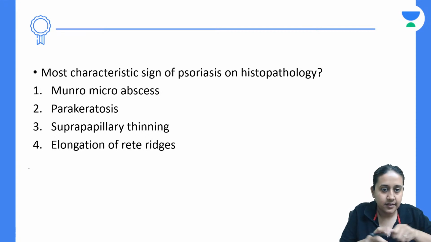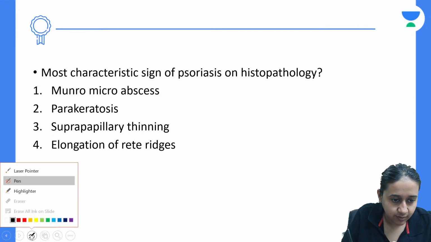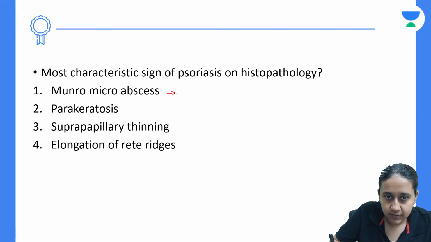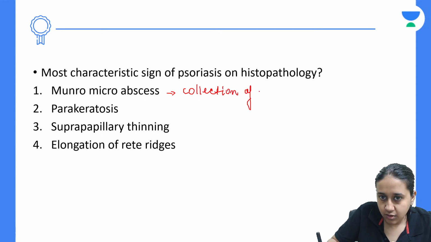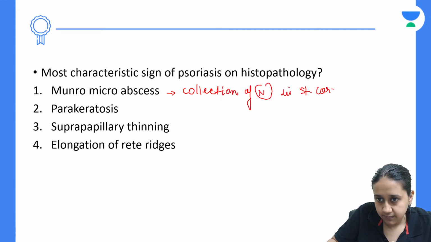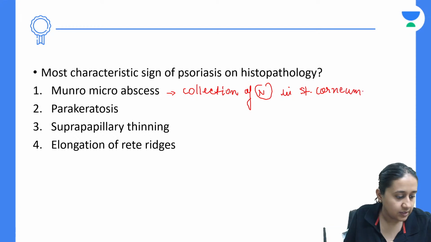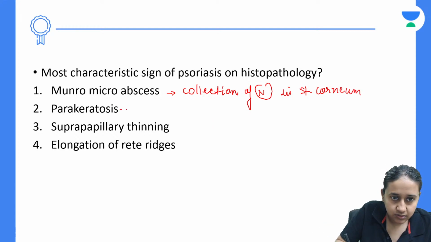Amazing. First of all, let me write what these things are. Munro microabscess: collection of neutrophils in the stratum corneum. What is parakeratosis?